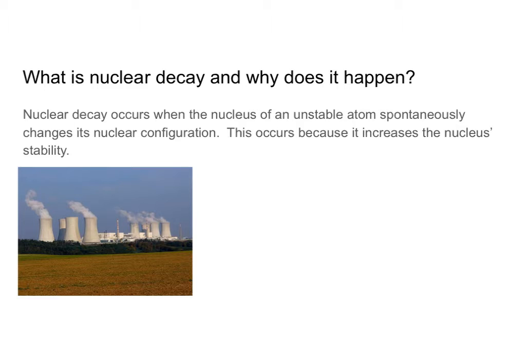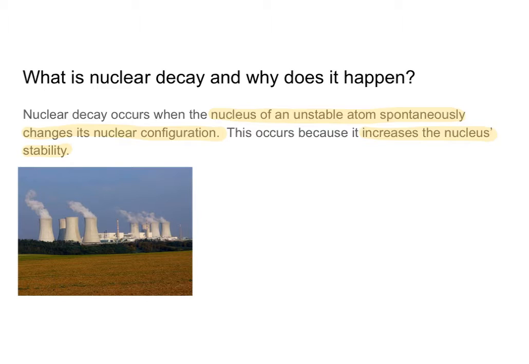Nuclear decay occurs when the nucleus of an unstable atom spontaneously changes its nuclear configuration, and it occurs because it increases the nucleus's stability. So what happens is we'll have a nucleus that is not fully stable in its configuration. So maybe it has more neutrons than might make it stable, or perhaps it doesn't have enough.